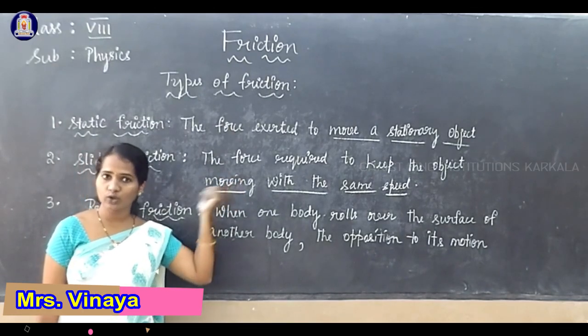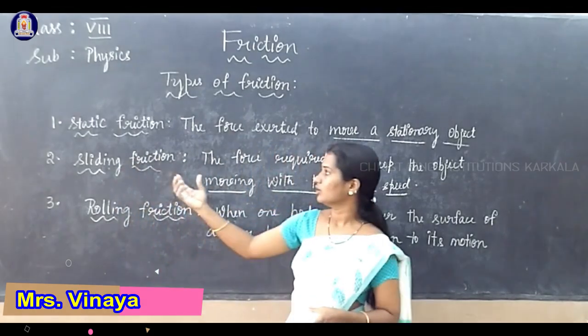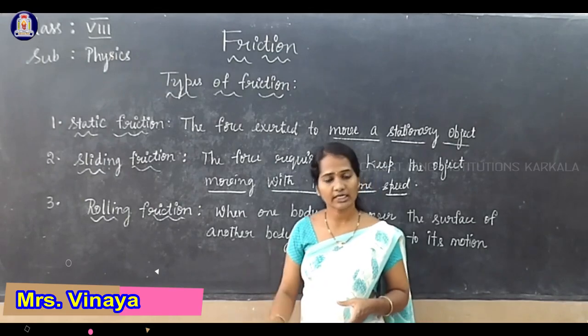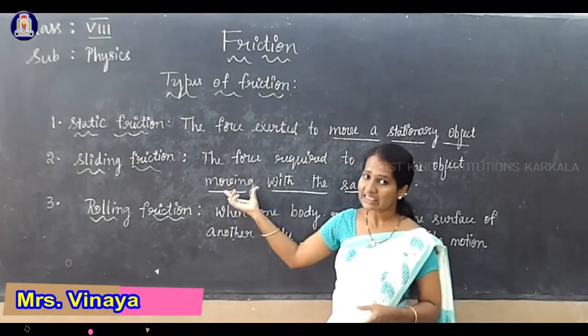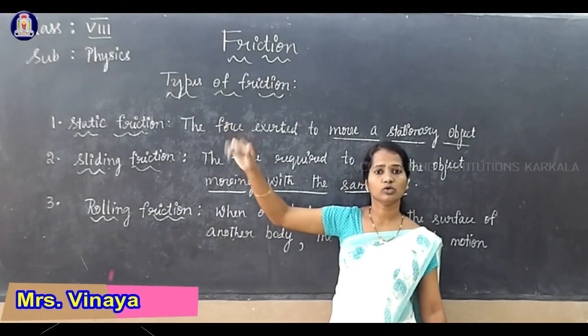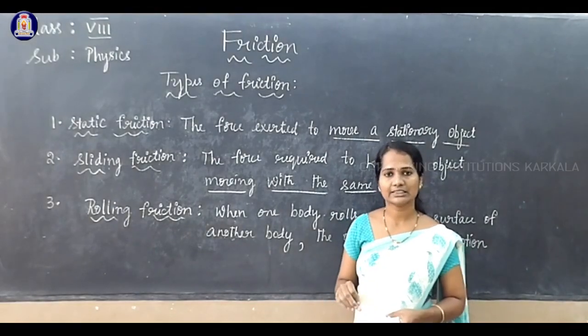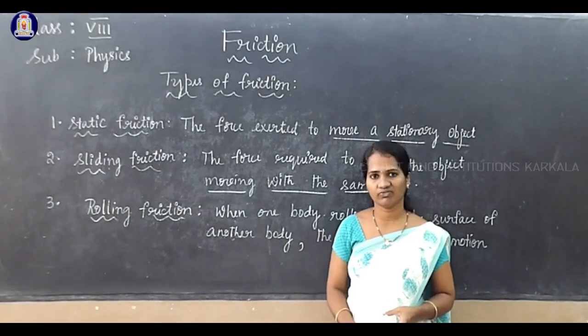As you know, it is easier to make a body which is already moving continue at the same speed than to make an object at rest move. When the object is at rest, to make it move, we have to apply more force.